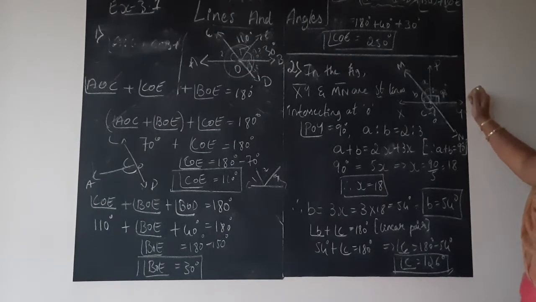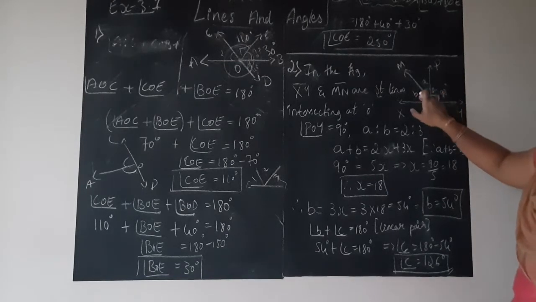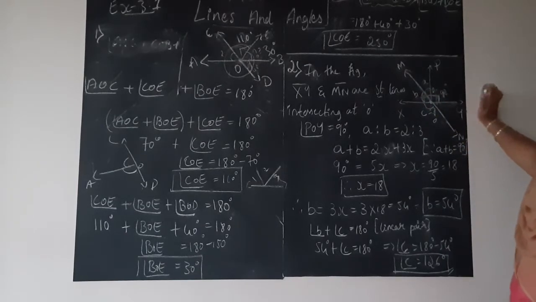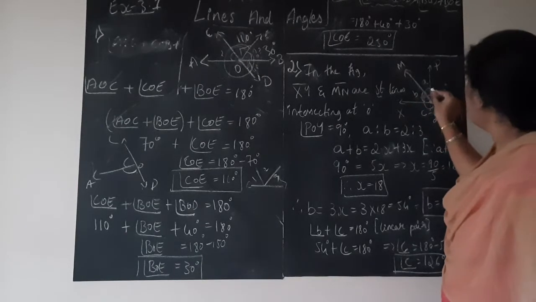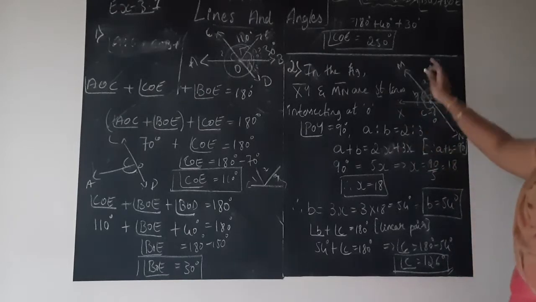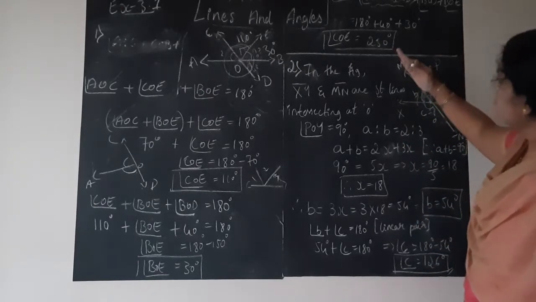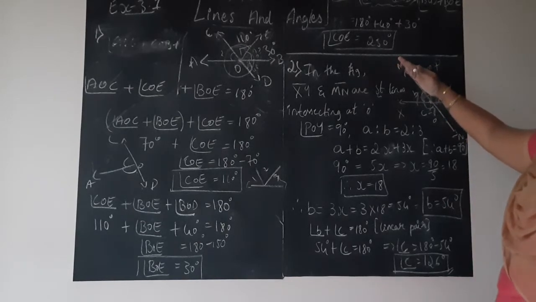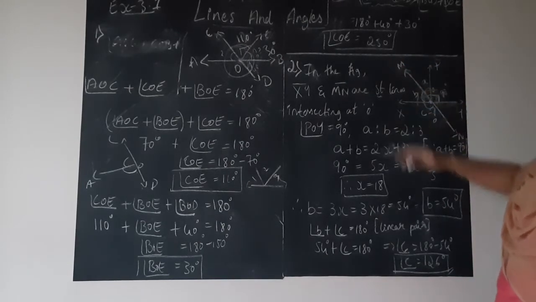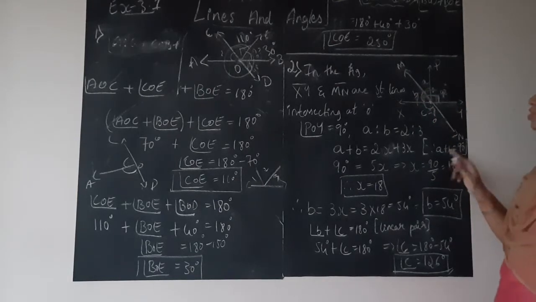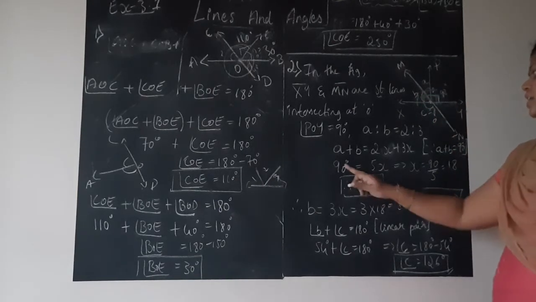It is a right angle. If these are adjacent angles forming a linear pair, their sum should be 180 degrees. So this whole angle POX is 90 degrees. But OM is acting as the bisector for this whole angle POX, so the split angles sum to 90 degrees. So A plus B is 90 degrees.